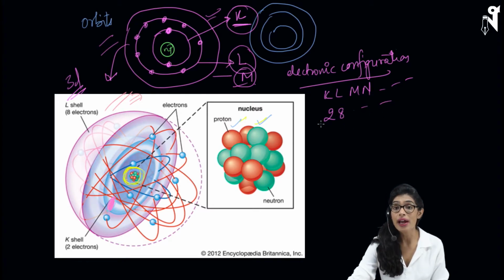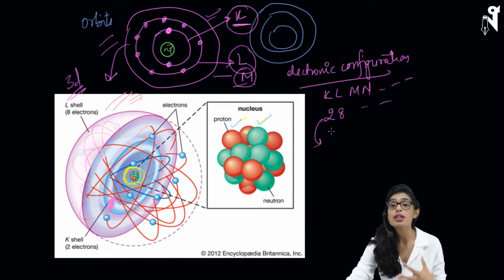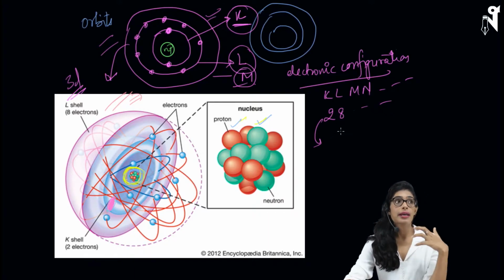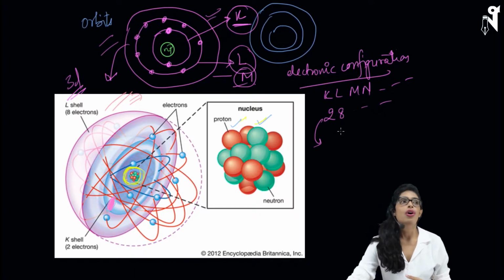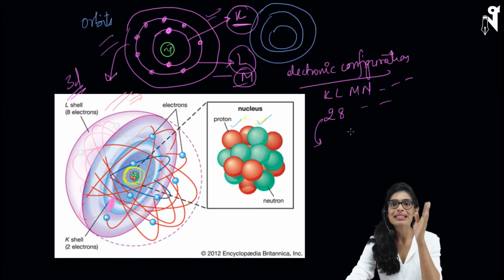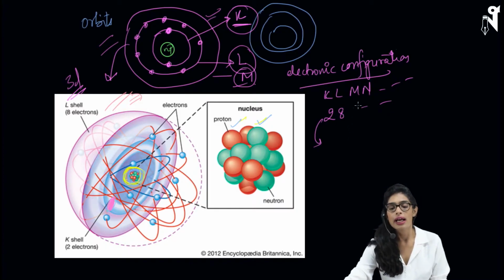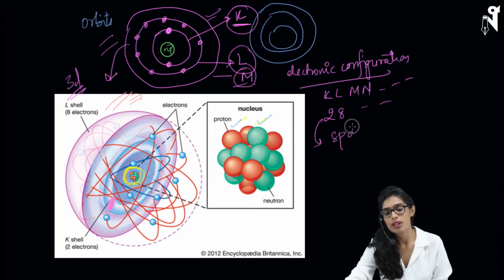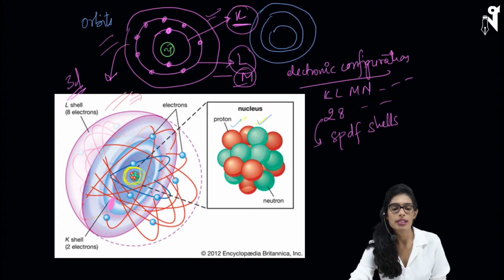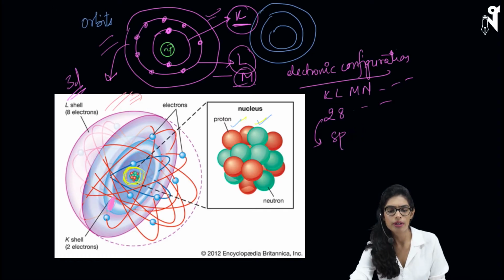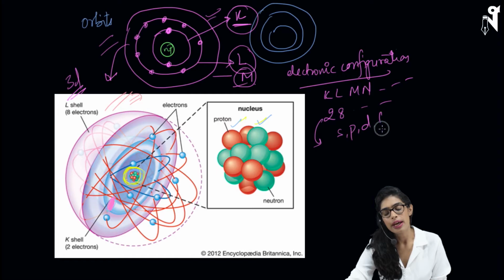And when we go to the higher grades, we will learn further in-depth knowledge of what exactly these K, L, M are made up of, and that is called SPDF subshells.